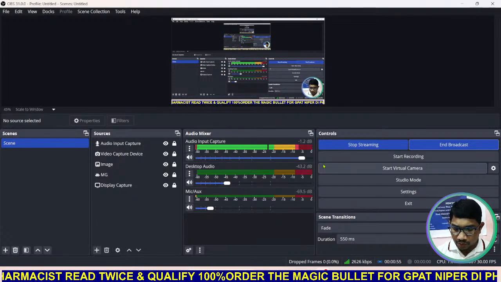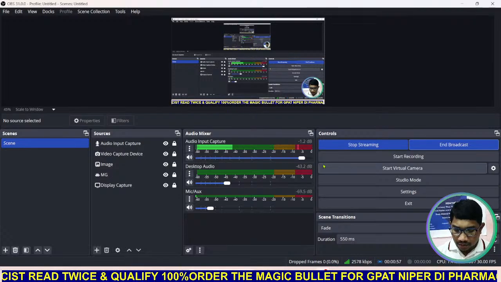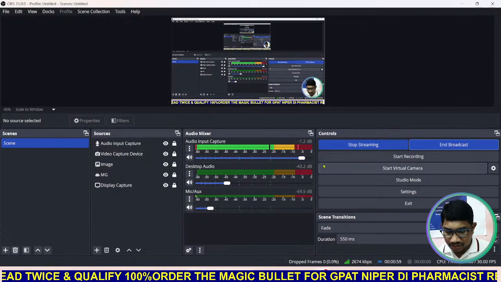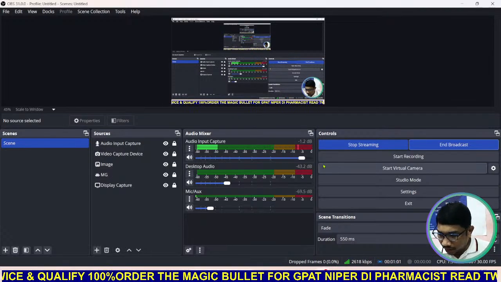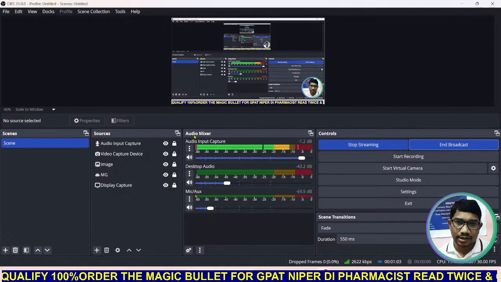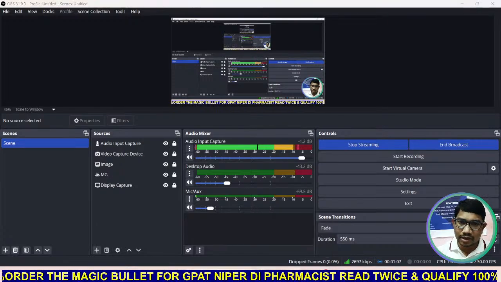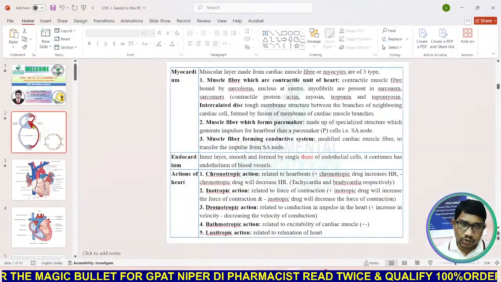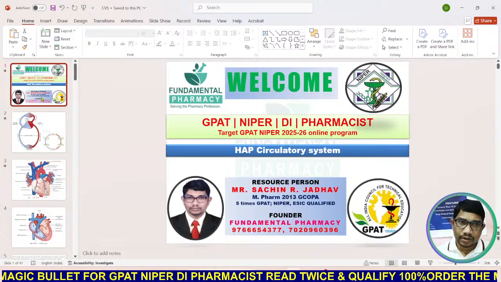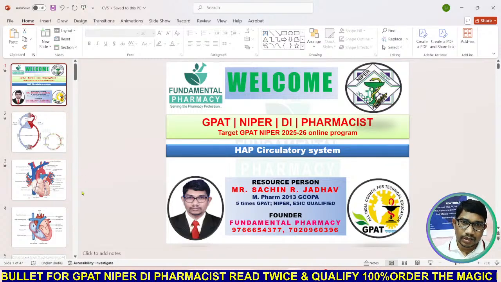So yesterday we started the cardiovascular system, and what we saw yesterday I would like to revise in short, and then we will start. We started our cardiovascular system, that is the circulatory system.